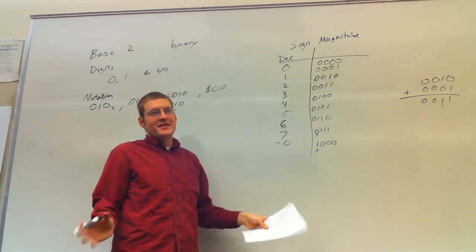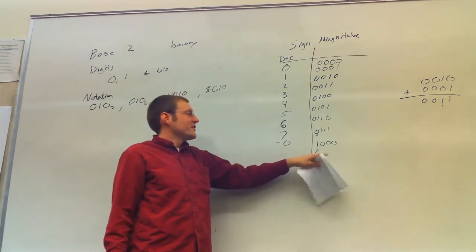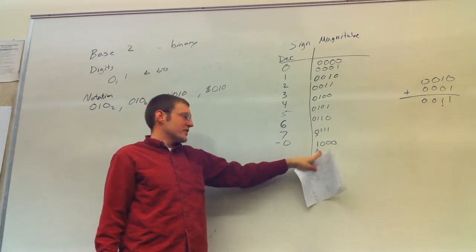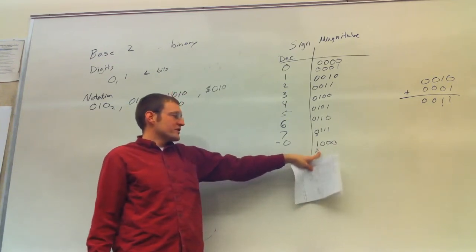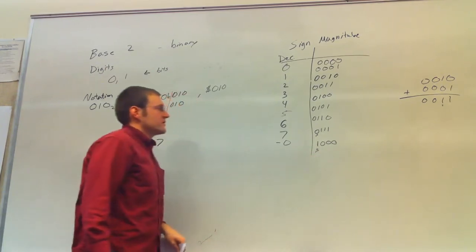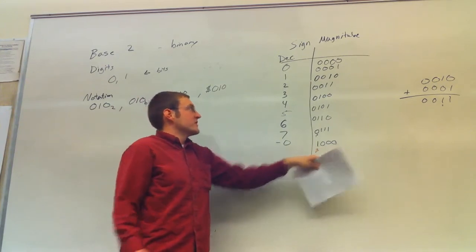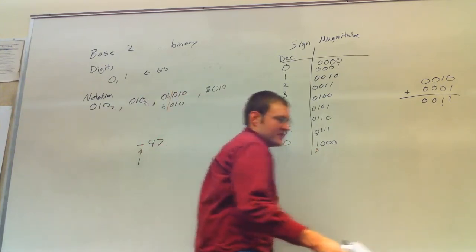You can have unsigned and signed values. If it's signed, the most significant bit will be 1 or 0 depending on whether it's negative or positive. So in sign magnitude, this is 0, 0, just like up here, we have 0, 0, 0, 0.